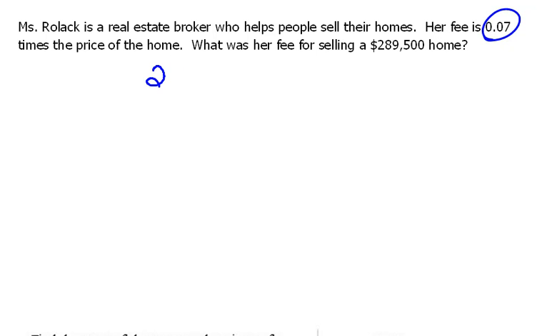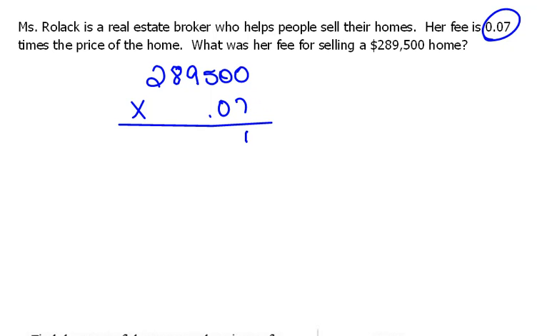So let's see, if we take 289,500 and we multiply it times 0.07, we'll figure out what her fee is. So again, we're going to ignore this decimal. We're just going to multiply this times 7.